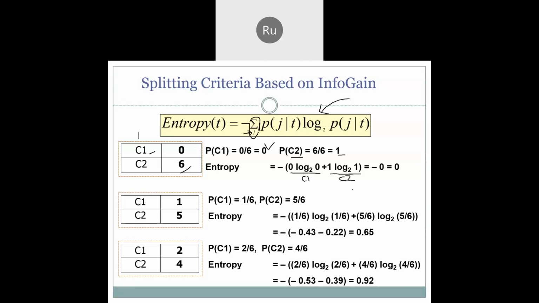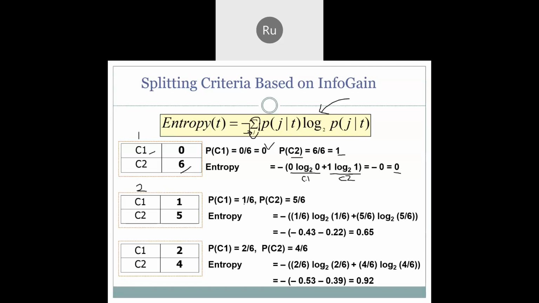Okay. So when we compute this one, we will get 0, meaning that we have a pure collection of documents in the subset. In contrast, let's suppose we have this set, which consists of 1 class 1 and 5 class 2.